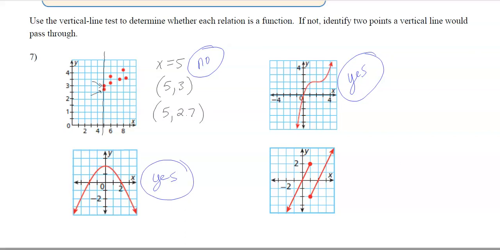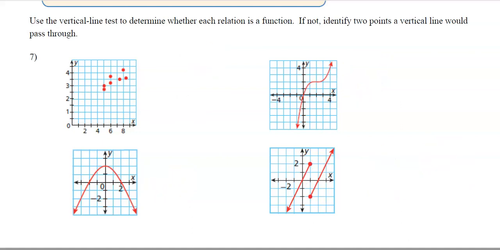I do see a problem right here with a vertical line test because it looks like 1 mapped to positive 2, but then later on 1 mapped to negative 2. So that's an issue. So this one is going to be not a function. So it's nice when you don't have to sift through all the ordered pairs and you can just do a vertical line test for a graphing relation.